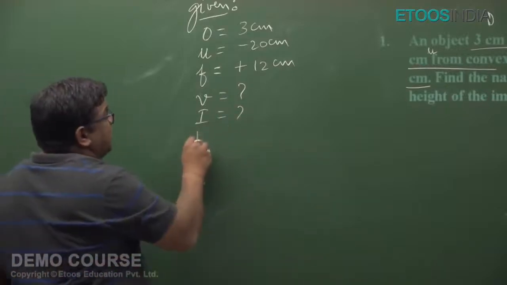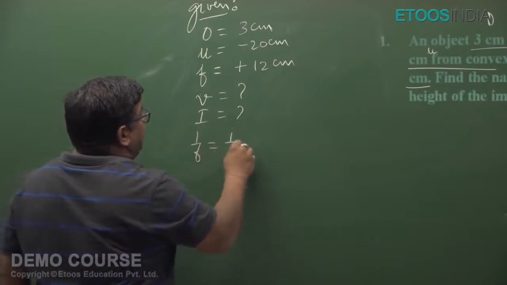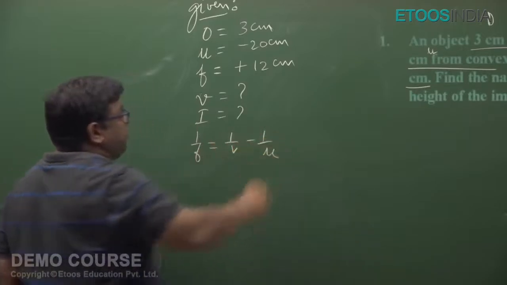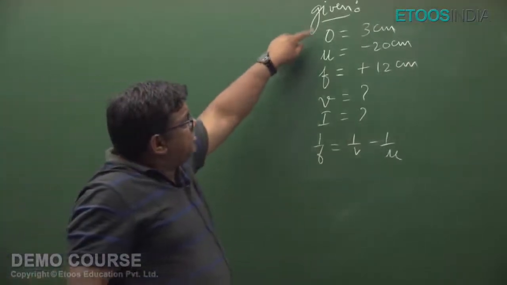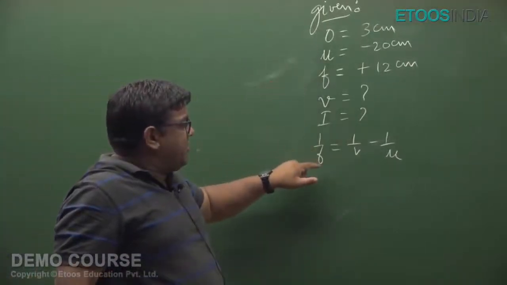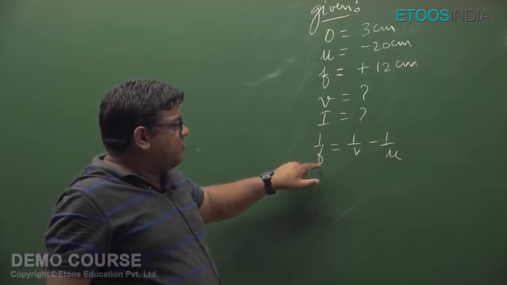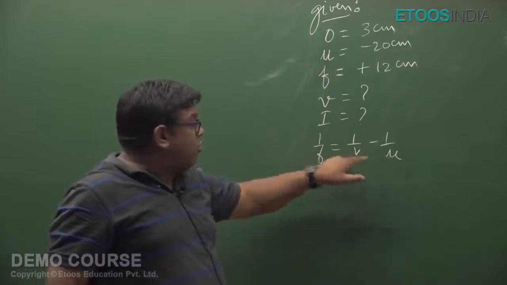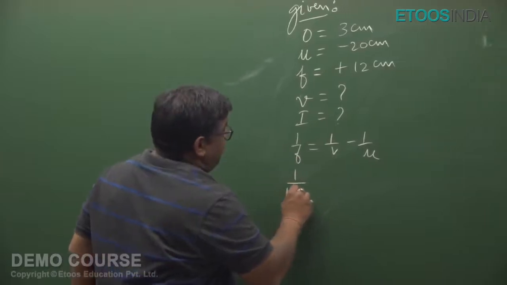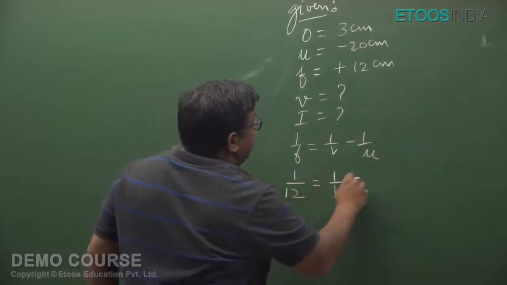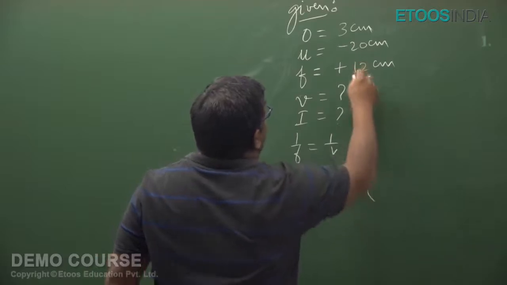We know the formula is 1 upon F is equal to 1 upon V minus 1 upon U. This is the lens formula. As we have written the given things and we are aware that we have to find 3 of the things, 1, 2 and 3, and 2 are already given. So I just write the value of F, 12, here, 1 upon V minus, what is the value of U?